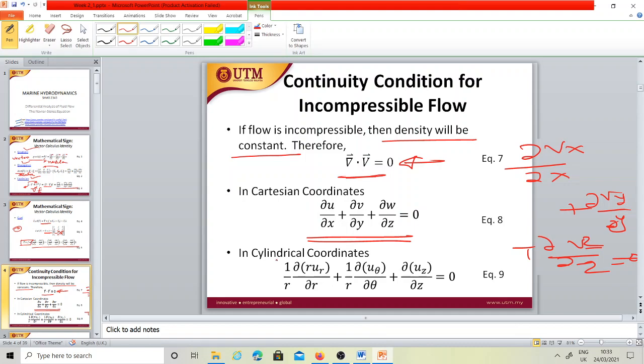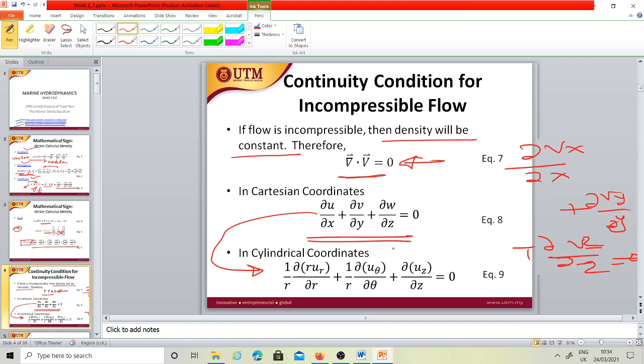In case of cylindrical coordinates, this equation can be represented in this way. I hope you already know these things. So this is the equation of continuity in polar or cylindrical form: 1 by r del (r u_r) by del r, plus 1 by r del u theta by del theta, plus del uz by del z.